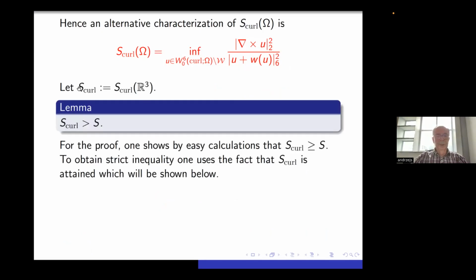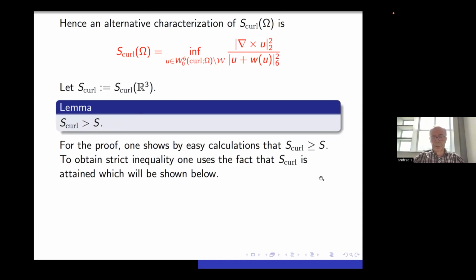And if I denote S curl by S curl of R3, there is a lemma saying that S curl is in fact bigger than the Sobolev constant S. Well, first one shows by easy calculation that S curl is bigger than or equal to S. Essentially this is by Hölder and Sobolev inequalities.